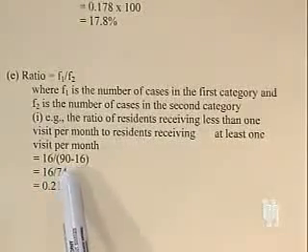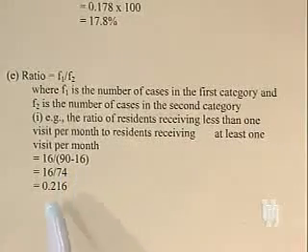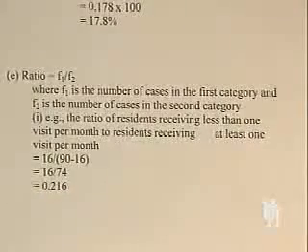So the number of people who received at least one visit per month is the total 90 minus 16, which is 74. So the ratio is 16 divided by 74, which is 0.216. Are there any questions about any of this material? That is, are there any questions dealing with the construction of frequency distributions or the computation of proportions, percentages, or ratios? Hearing none, we go on.